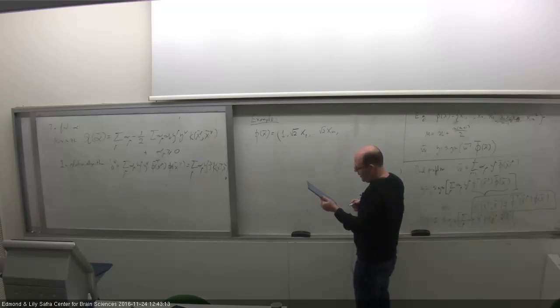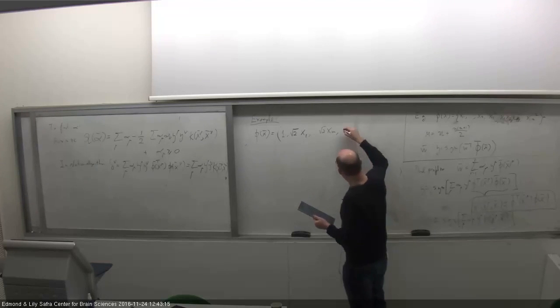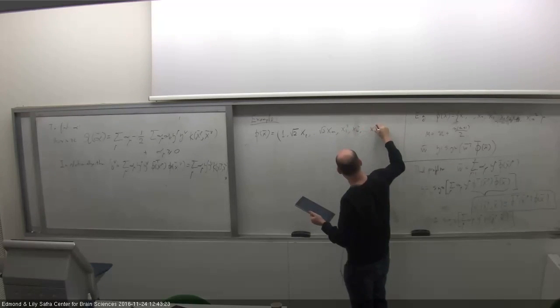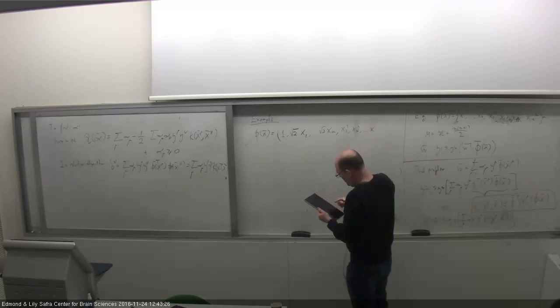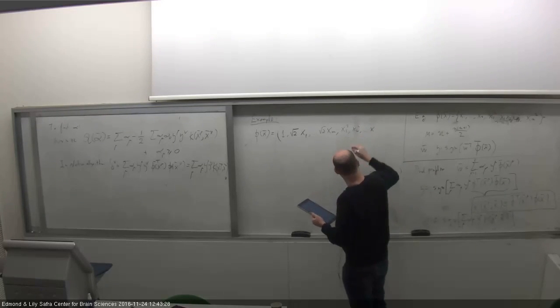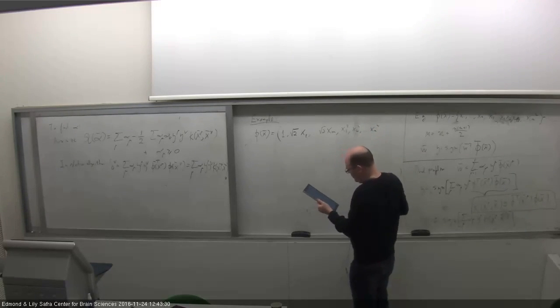And then we will have all the x1 squared, x2 squared. So this is very similar to the examples that I wrote before, except for the prefactors. You will see why they're helpful in a moment.